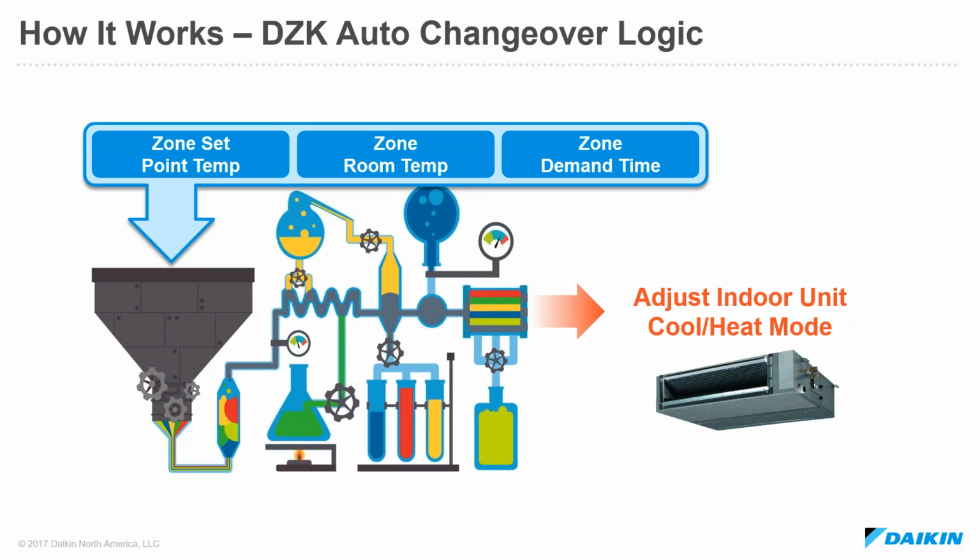You don't want some interior zone that's got a lot of computers and needs cooling all the time mixed with an exterior zone that's going to need heating in the wintertime. So just be aware of how you approach that zoning of spaces, but do be aware that the DZK has this auto changeover logic that will take all of that information into account to adjust the indoor unit's mode of operation.